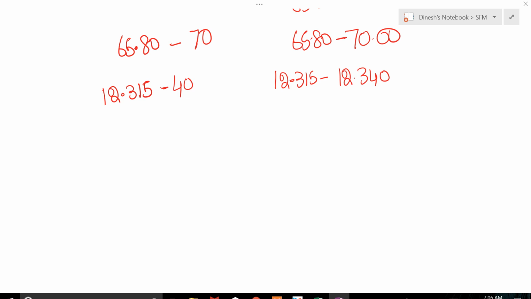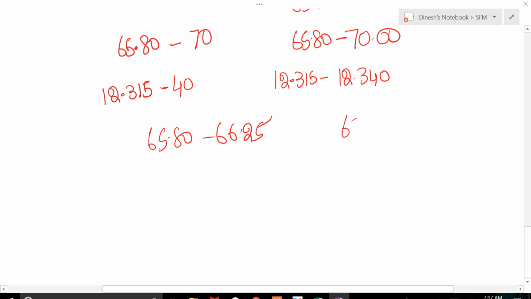If the question gives 65.80 hyphen 66.25, great, they have given it directly and I am happy. But if they make it different, saying 65.80/90, then I will have to use those rules. If the first quote is 65.80, I want the second quote to be two digits, decimal, another two digits.